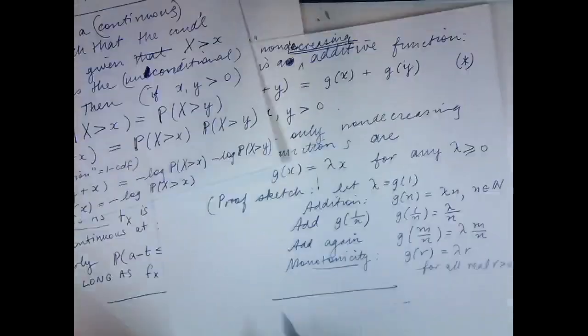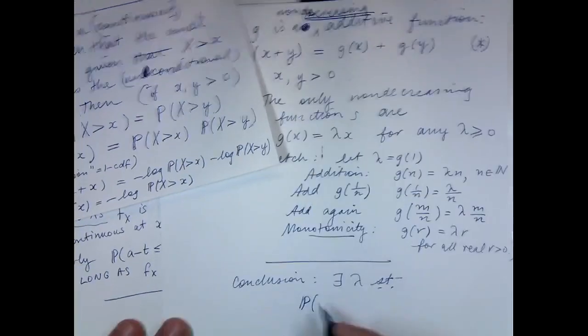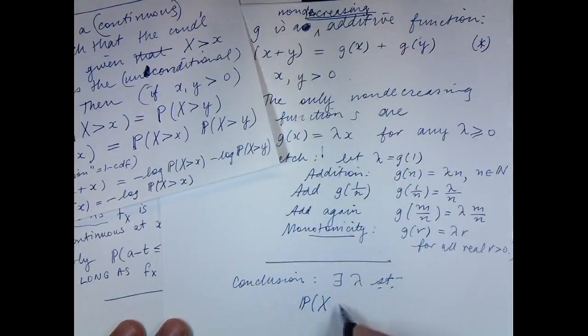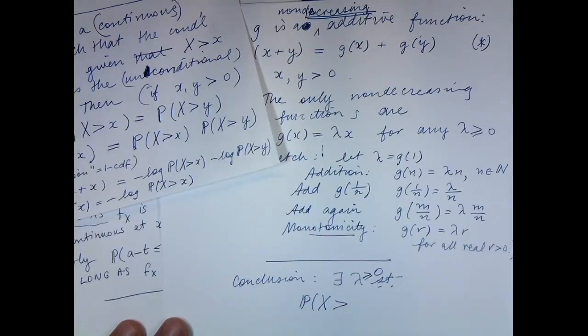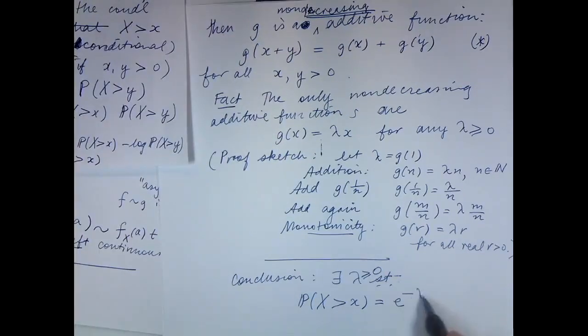Conclusion: there exists a lambda, and by the way, lambda should be greater than or equal to 0, such that the probability that X is greater than little x is equal to e to the minus lambda x, minus because I took minus log. Okay?